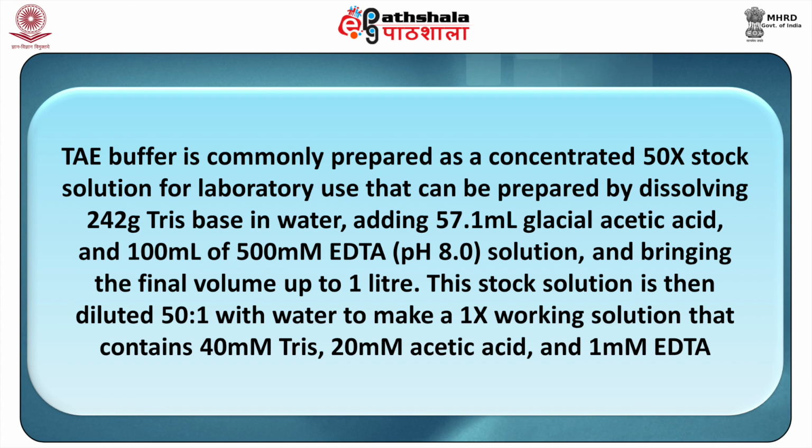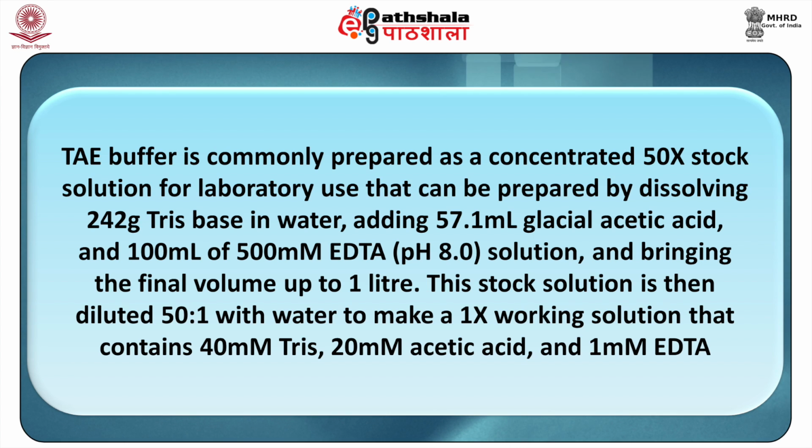TAE buffer is commonly prepared as a concentrated 50x stock solution for laboratory use. It can be prepared by dissolving 242 grams of Tris base in water, then adding 57.1 ml of glacial acetic acid and a further 100 ml of 500 millimolar EDTA solution at around pH 8, and then bringing the final volume up to 1 liter.